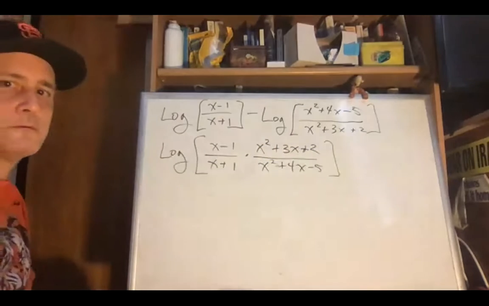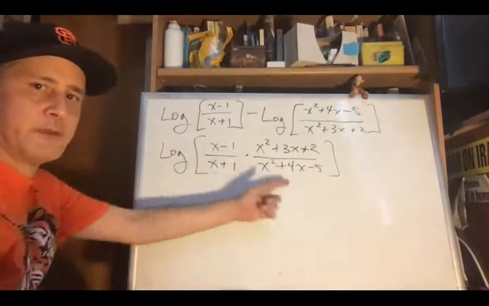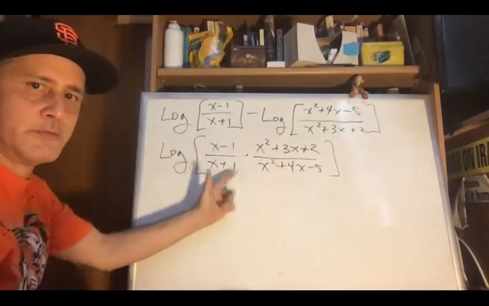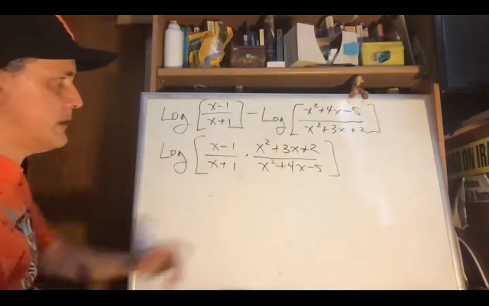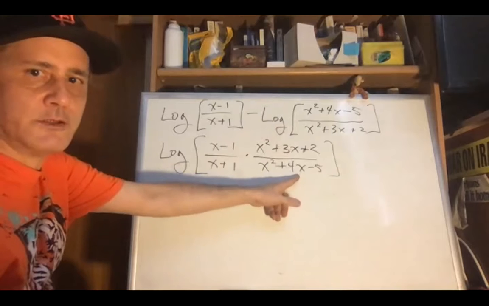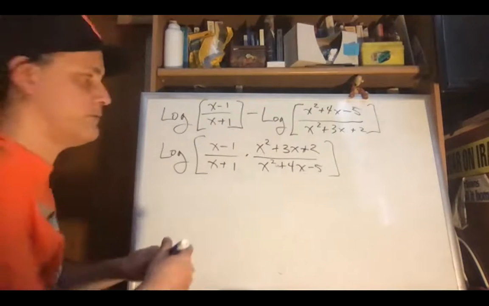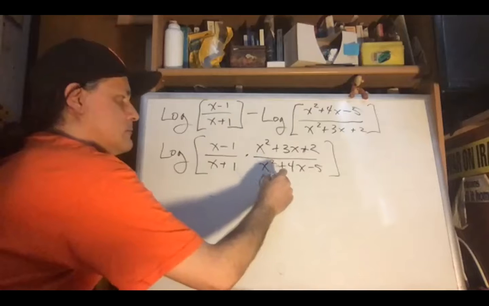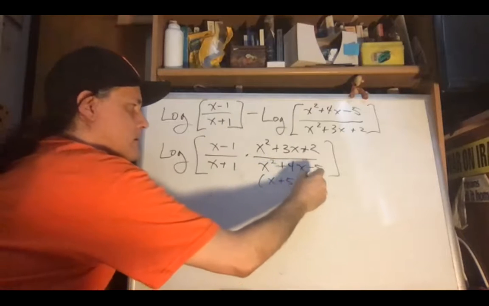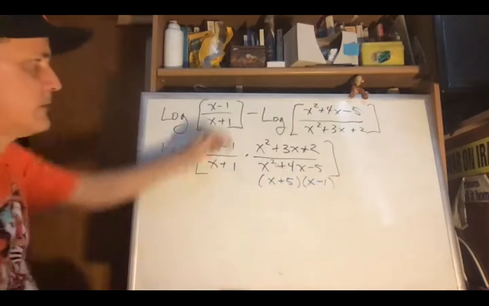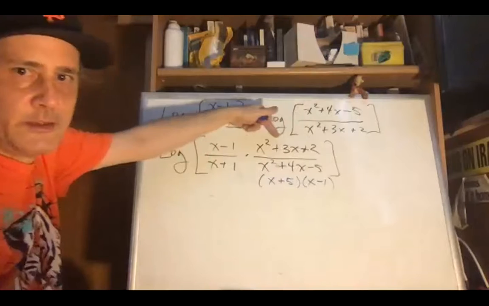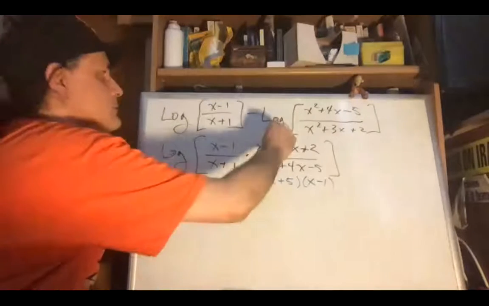Okay? All right, well, now we might be able to do something here because maybe we can simplify. And that is true. I did this on purpose. So factors of 4 that add to be -5, 5 and -1. Okay, and here factors of 2 that add to be 3, 1 and 2.